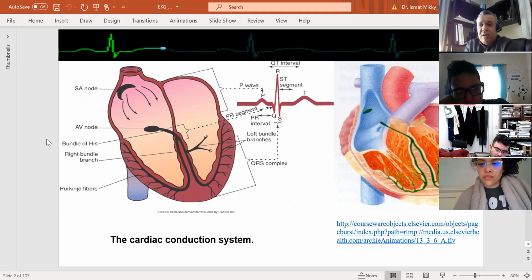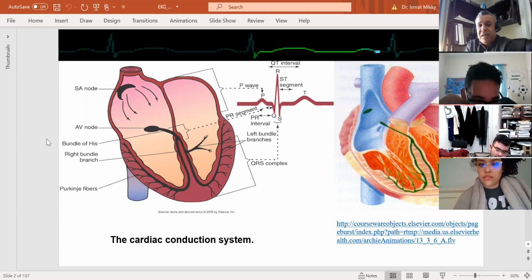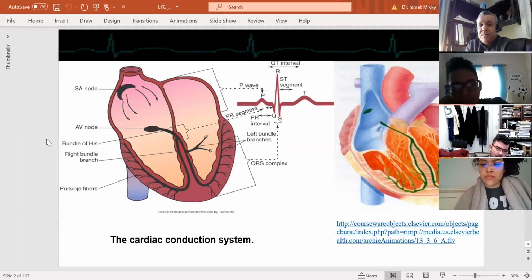So the AV node will take that impulse and transmit it down to the rest of the conduction system. The AV node takes that impulse, transmits it to the bundle of His, and then to the right and left bundle branches, and then to the Purkinje fibers.